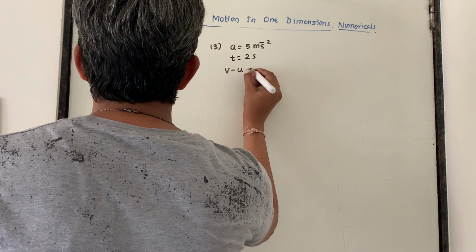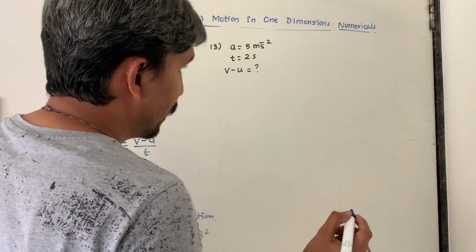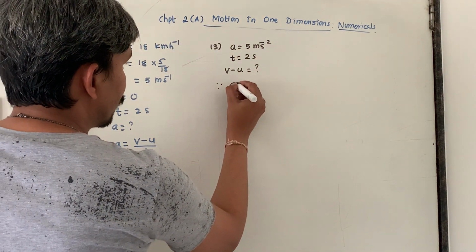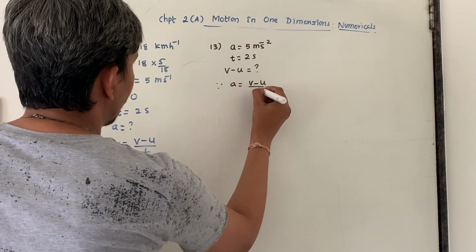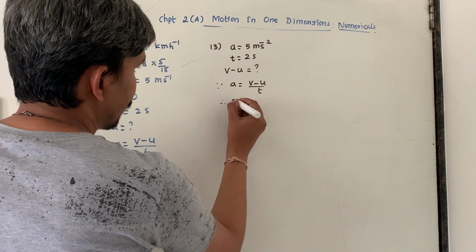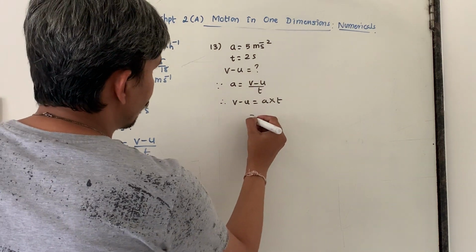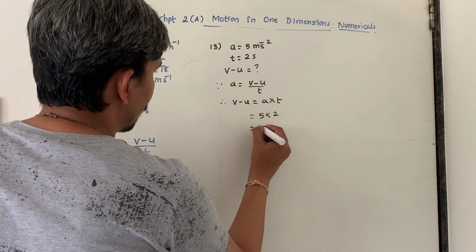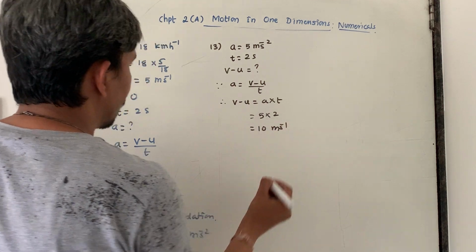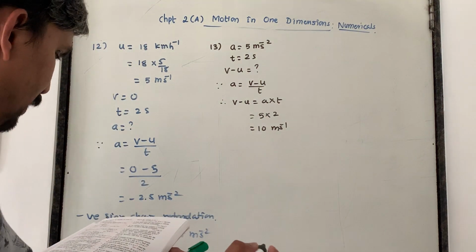Increase in velocity means v minus u is the question mark. Since a is equal to v minus u upon t, I can write v minus u is equal to a into t. The value of a is 5, the value of t is 2. That is 10 meter per second. That is the increase in velocity.